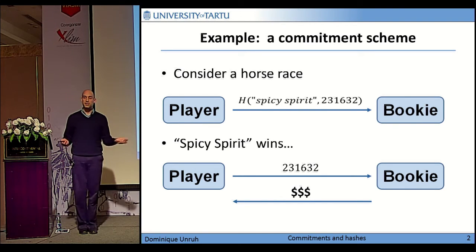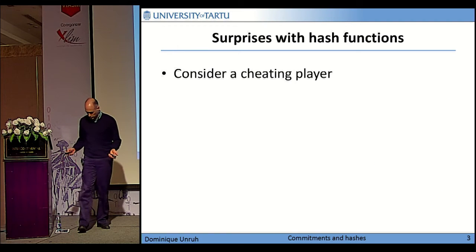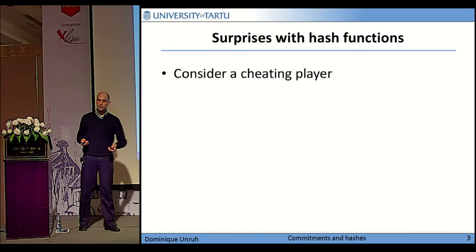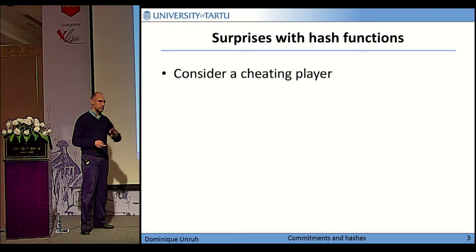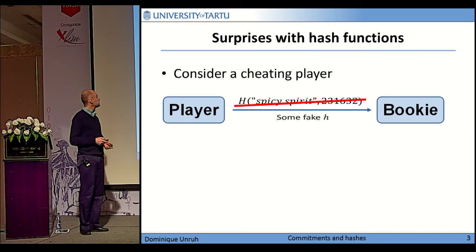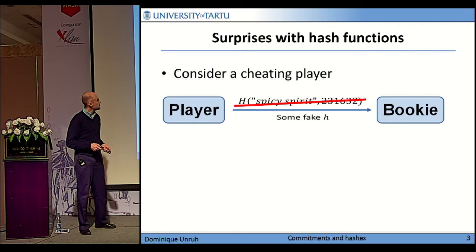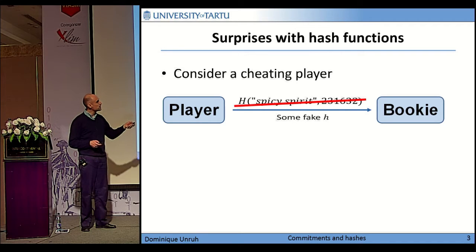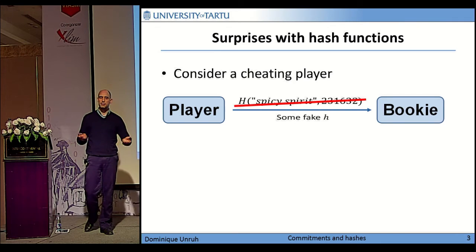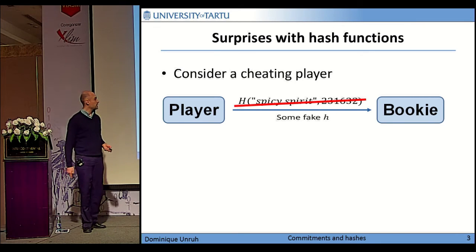Now we can ask ourselves, is this a secure protocol or not? Consider a cheating player. We are looking at the binding property now; the hiding property is not the topic of this talk. Could a cheating player achieve the following? Instead of sending the hash of some horse name, he just sends some fake value h that he made up in whichever way he likes.